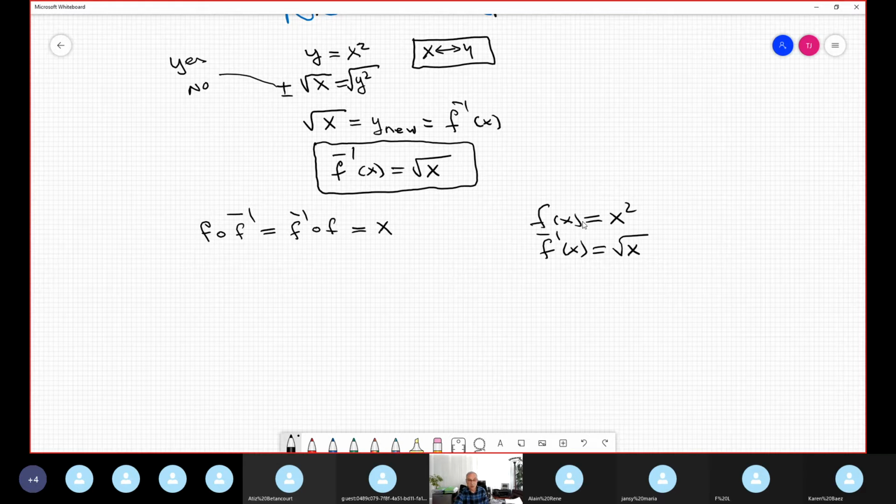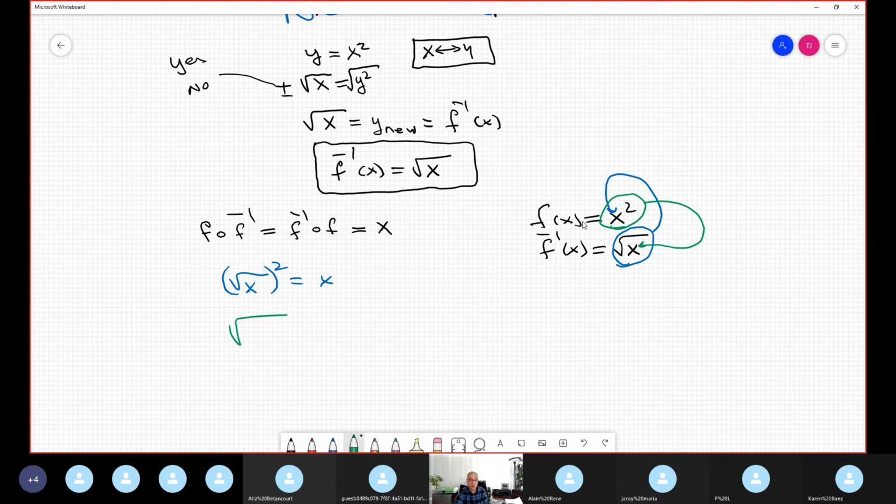In that order, the inverse goes inside here. So we have square root of x squared, which is x. In the opposite direction, the original goes inside the inverse. So it is square root of x squared. Again it is x. Identity.